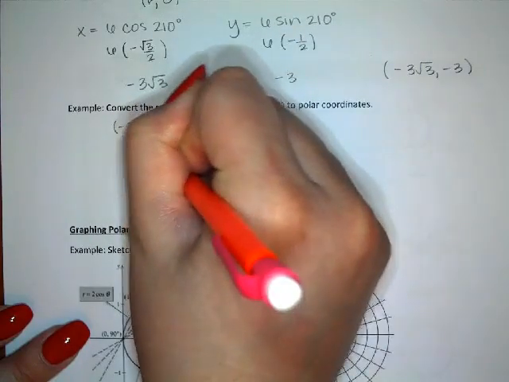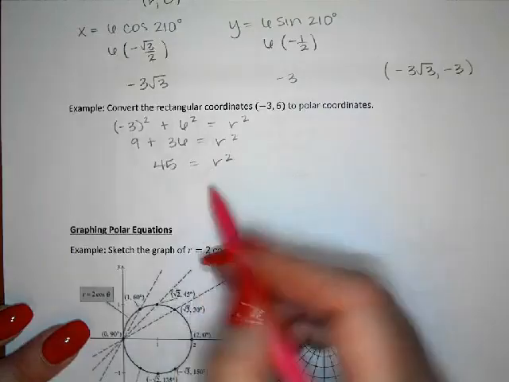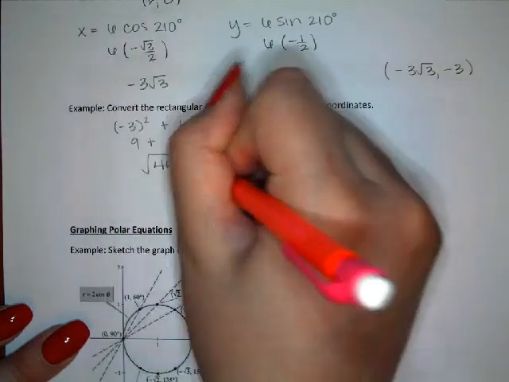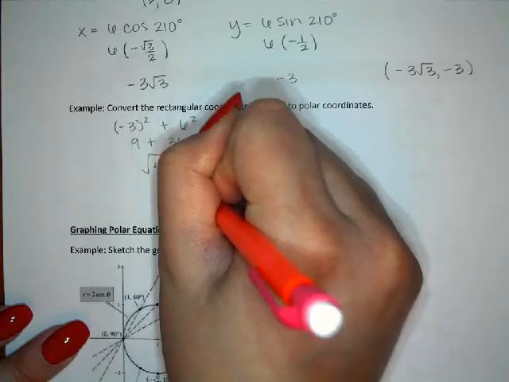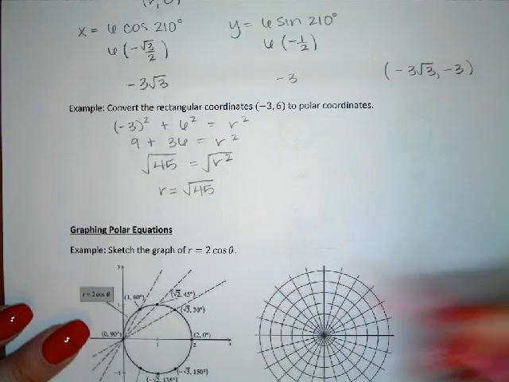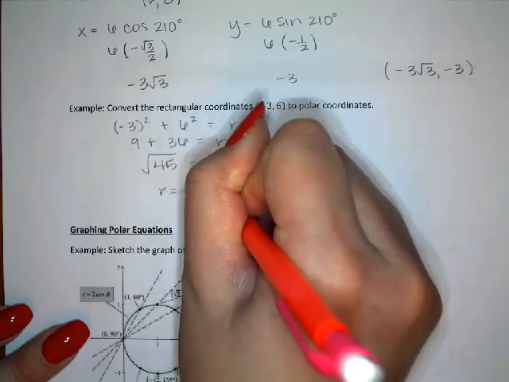And I'll go ahead and simplify that. I know that the radius is the square root of 45. I can simplify that radical rather than use a decimal. So this is the square root of 9 times the square root of 5. So 3 square root 5.